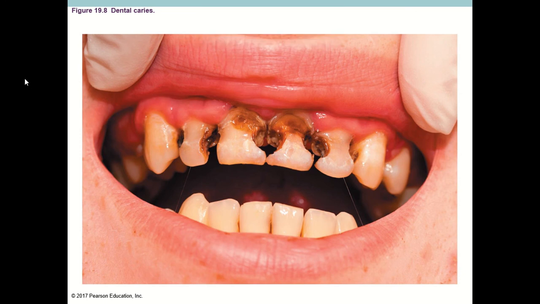Group B streptococci bacteria like to infect the gastrointestinal tract, starting in the mouth, as you're looking at here in this diagram.